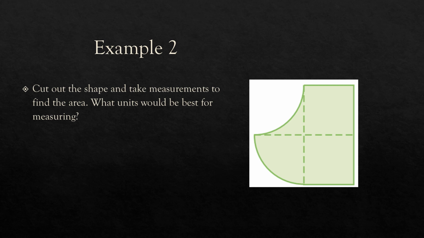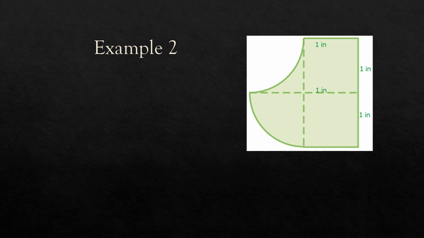In this example, how would we take measurements from this figure? When I used my ruler on the paper, I found out that the inch mark seemed to be a very good marker for this one because those sides of the square were exactly 1 inch.